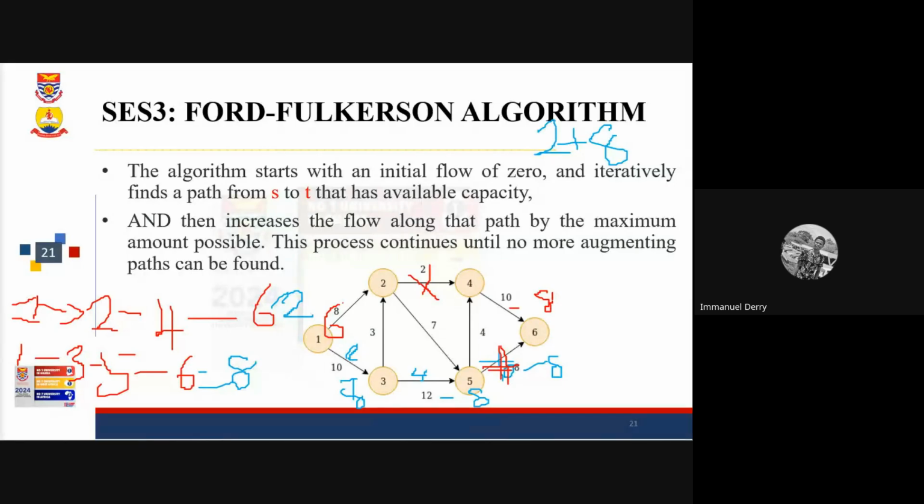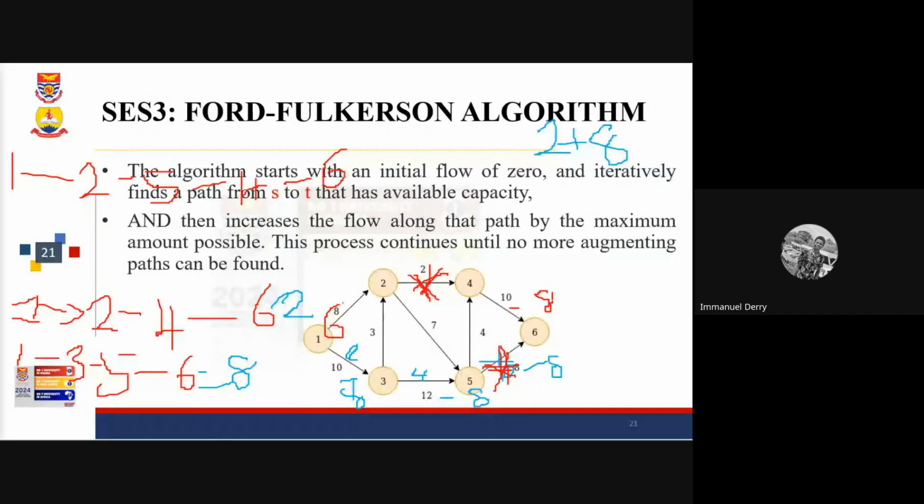All right, so let's identify another augmenting path, noting that these ones cannot be used any longer. So anybody to help us? 1 to 2, 2 to 5, 5 to 4, and 4 to 6.